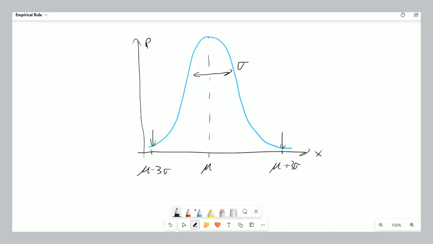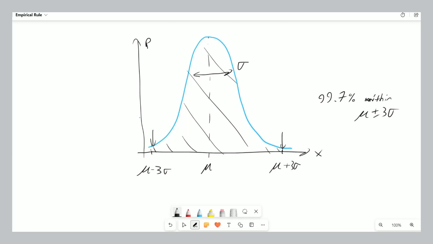So the area under the curve within that range is going to be almost equal to 1. It's going to be a little bit less, but almost equal to 1. So pretty much all of your data is within 3 standard deviations of the mean value. To be more specific, approximately 99.7% of the data is going to be within your mean value plus or minus 3 standard deviations.